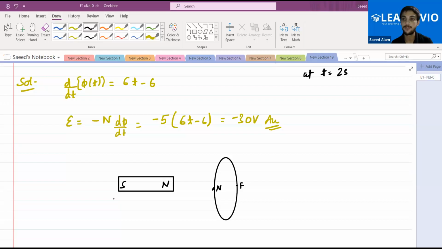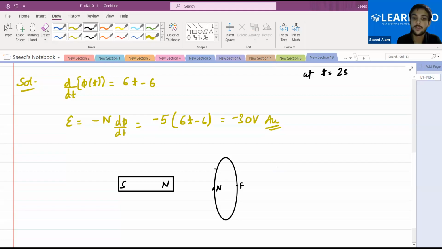But will there be any EMF induced inside it? No. The reason behind that is the flux is constant. If the flux is constant, the rate of change of flux is zero. If the rate of change of flux is zero, that means EMF will be zero.